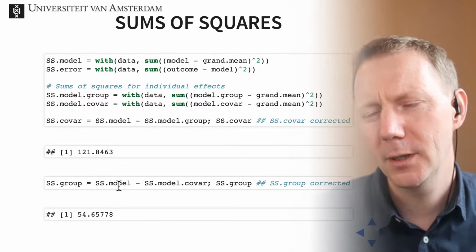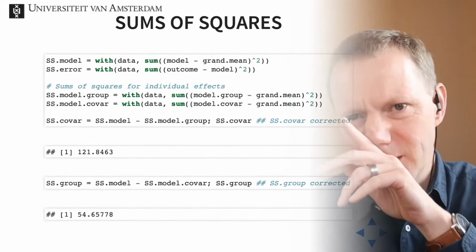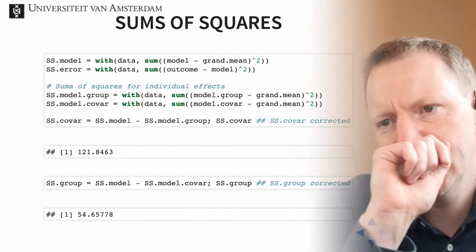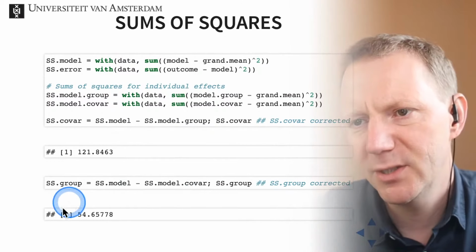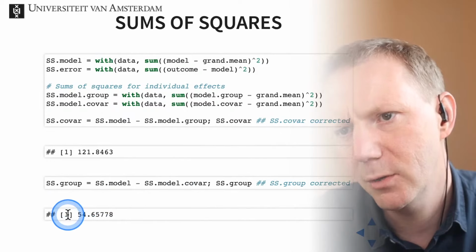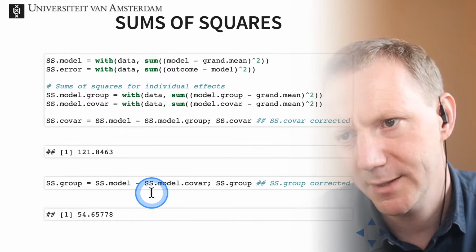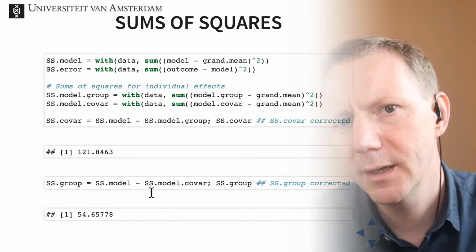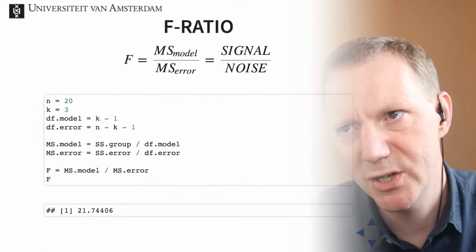Okay, so in the final step, and this is important to notice, what we're stating here is that the sums of squares for the groups are actually corrected for the covariate. We now have our sums of squares for the groups that are corrected. But we have to transform this into an F value, so we need a notion of the signal to noise ratio.